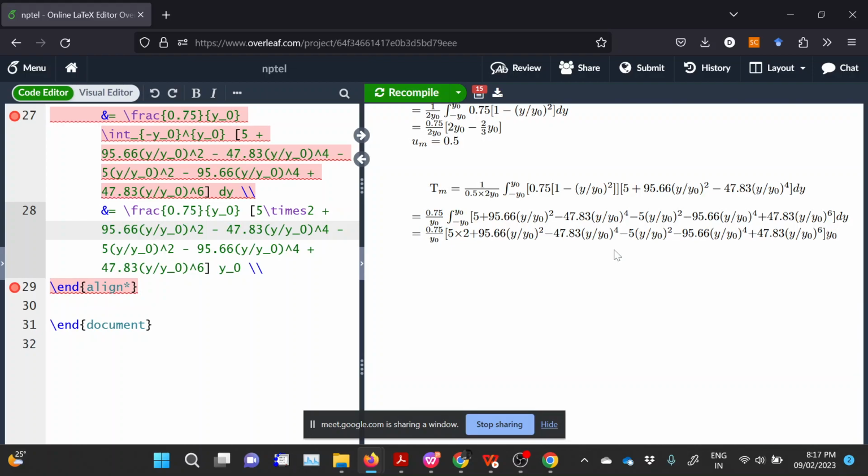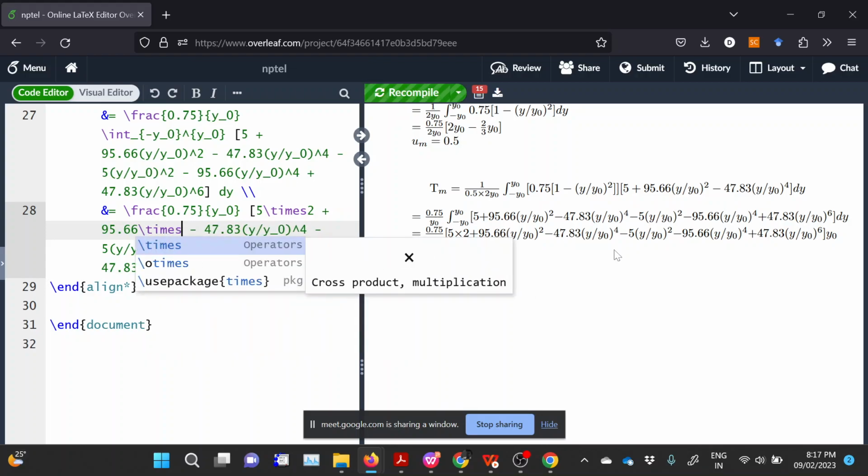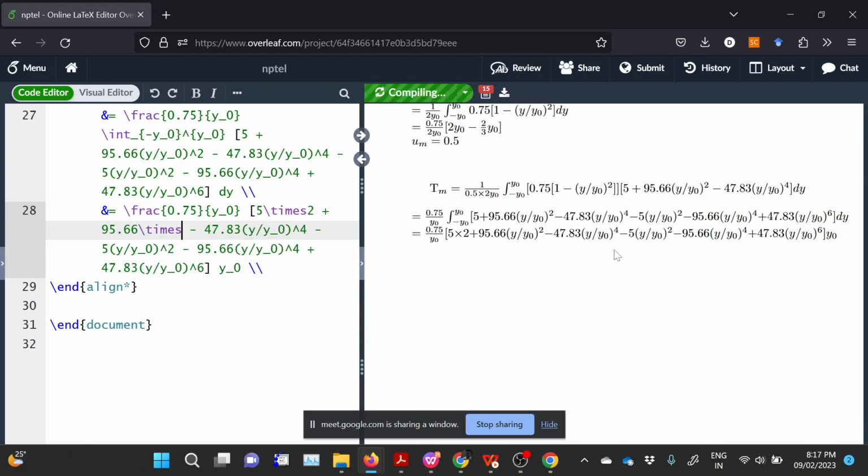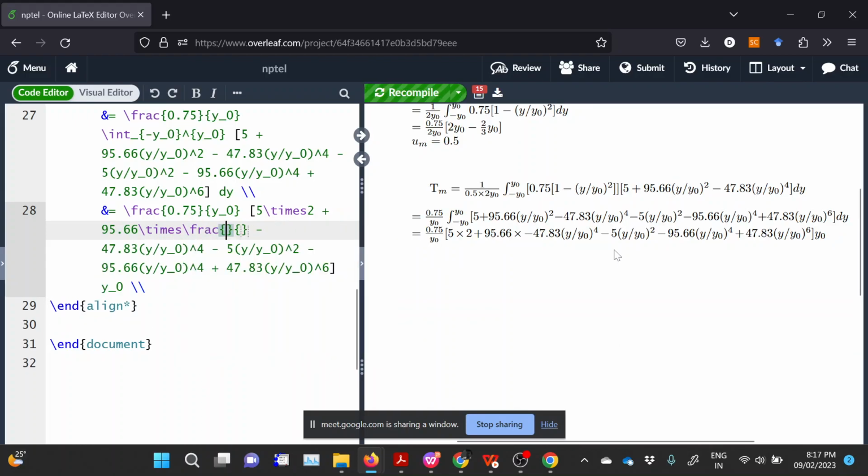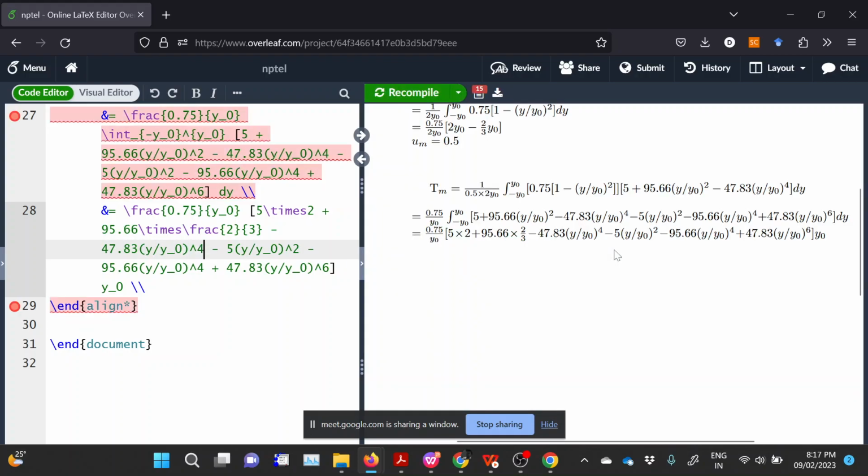So there will be a 1 by 3 and a 2 comes in. So this becomes 2 by 3. Then comes the second term. This will be y naught to the power 5 by 5.